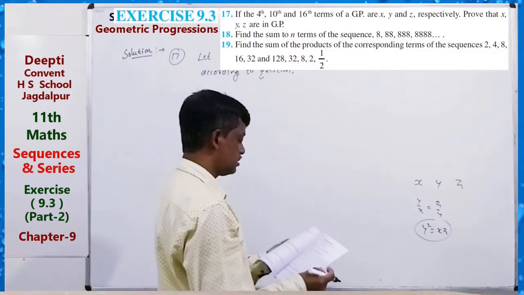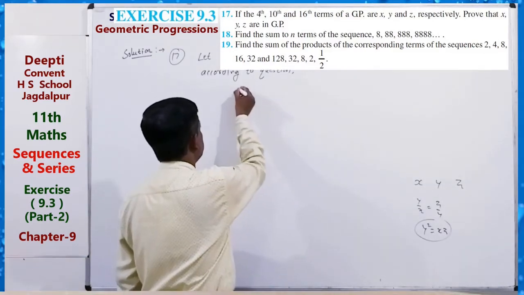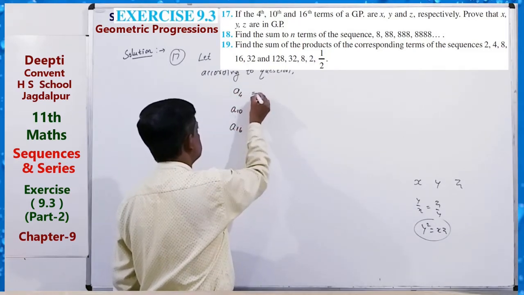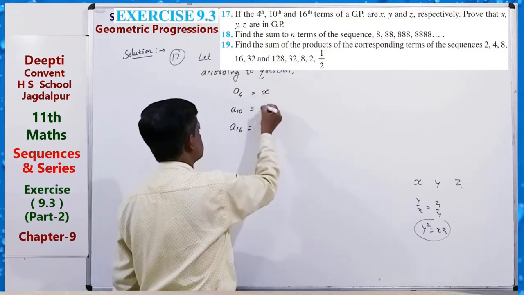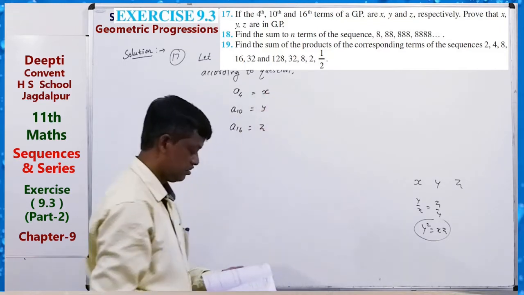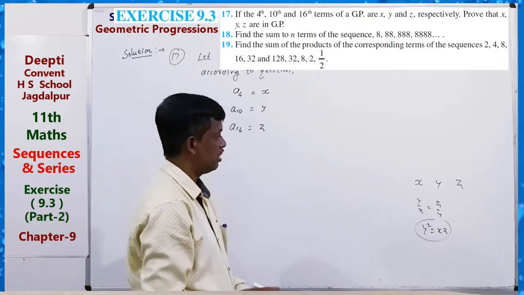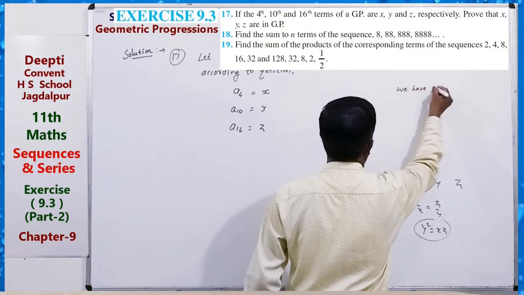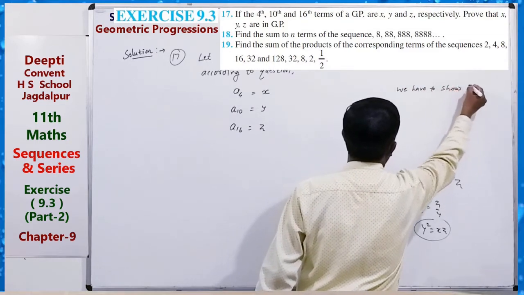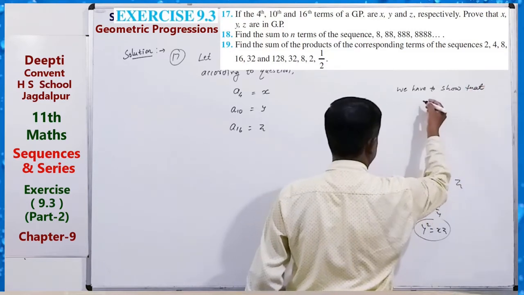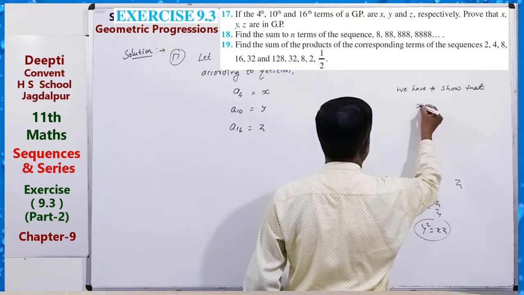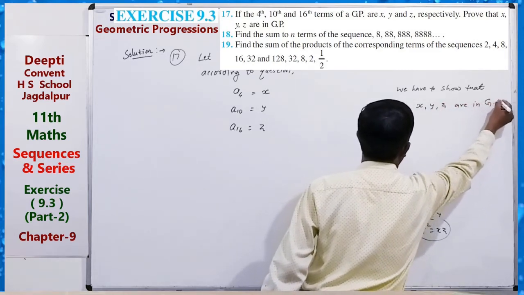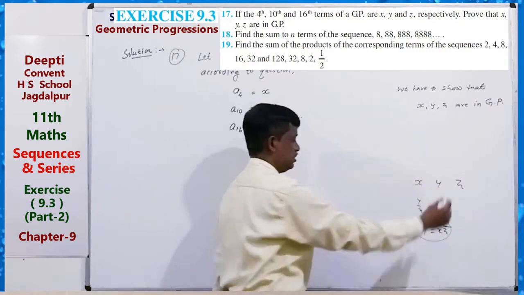The 4th, 10th and 16th terms, A4, A10, A16, are given as X, Y and Z. Now we have to show that X, Y, Z are in GP.